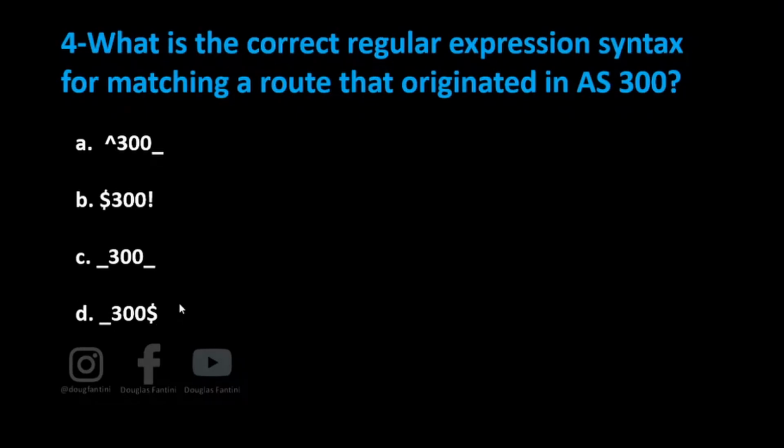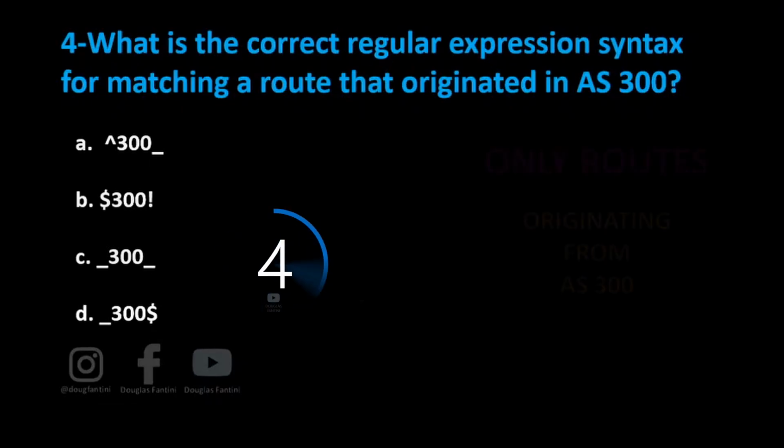It is a correct form for you to type a command or to write a line. In this case, you must know what will cause a match for a route that originated in AS 300. And this is not so easy to understand if you don't practice, if you don't memorize. So let's go to the answer.